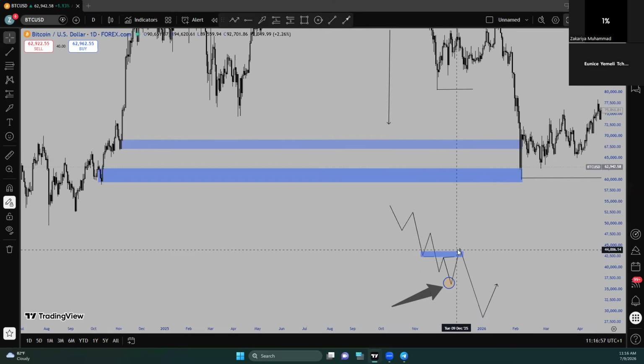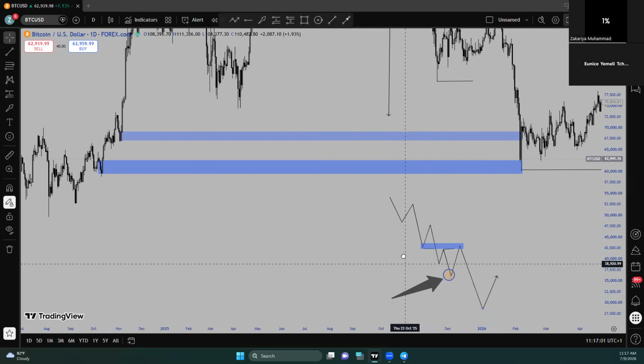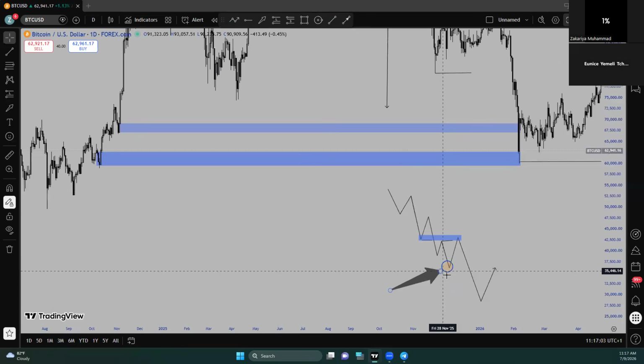So our job is to react to those market movements. Is it a market structure shift? No. Why? Because it's not coming from a high time frame POI, which is an order block or breaker block. It's not coming from any of the zones. Okay, that means the market just wanted to buy a bit to tap into any demand zone, supply zone up here to continue selling down.